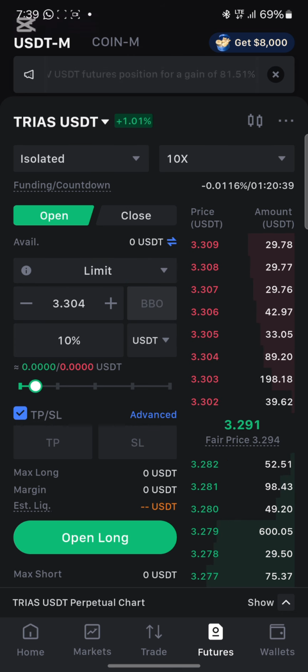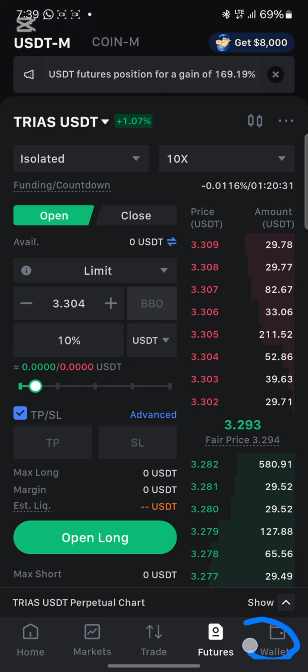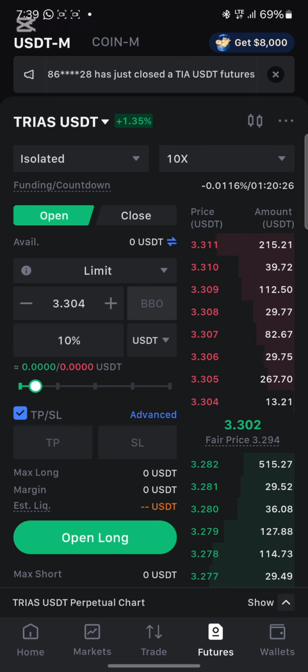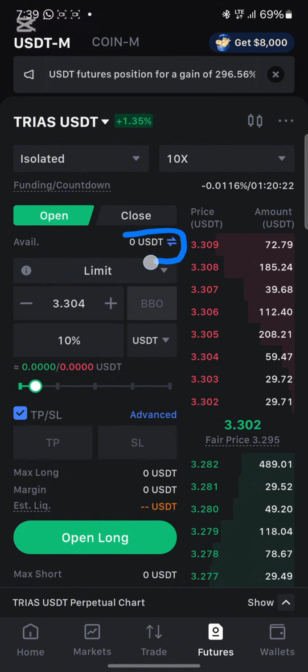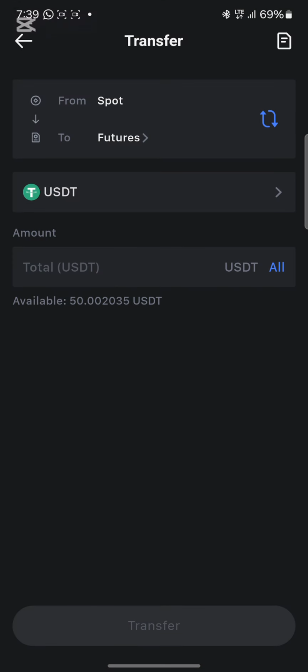So how do you get started? You need to fund your futures account. Already you're supposed to have USDT in your wallet. So what you do is you click on this place, go to this place, click on it.